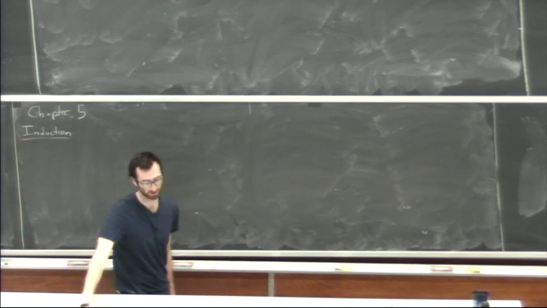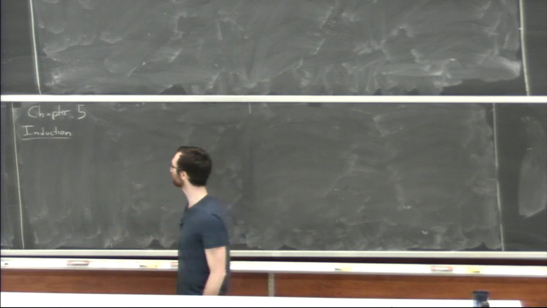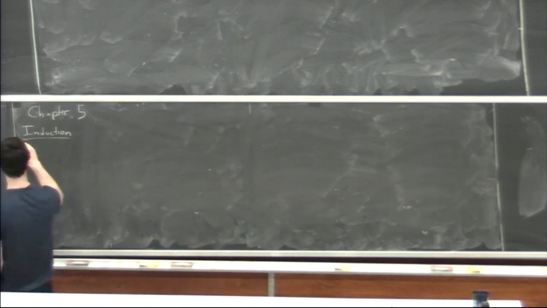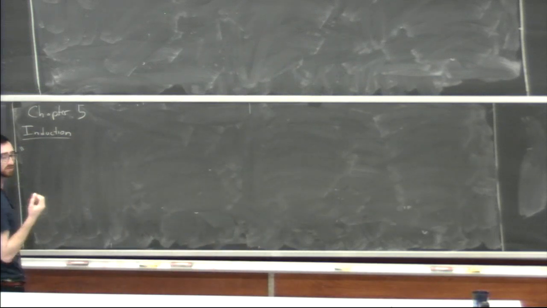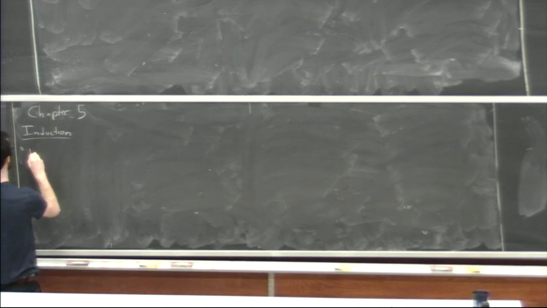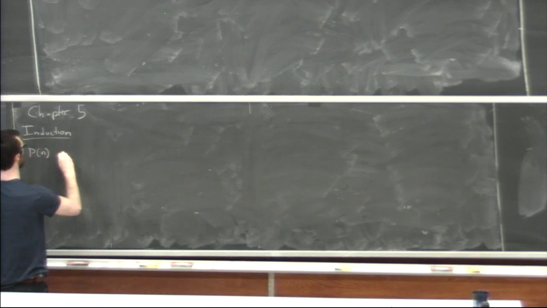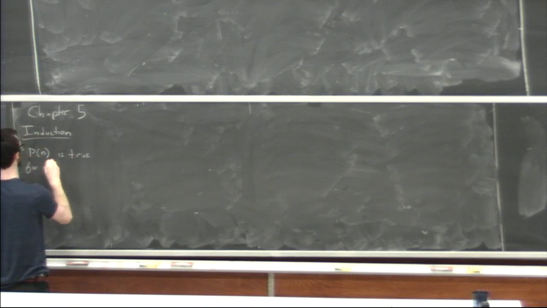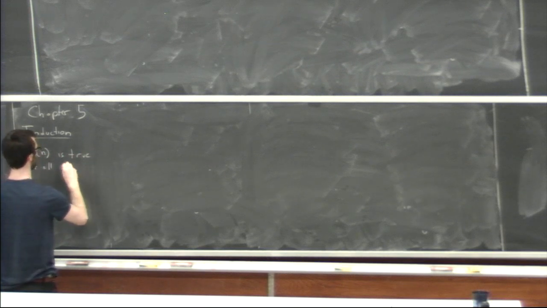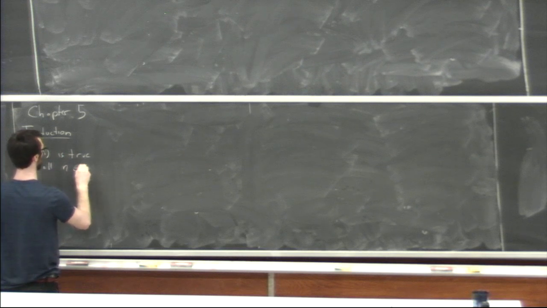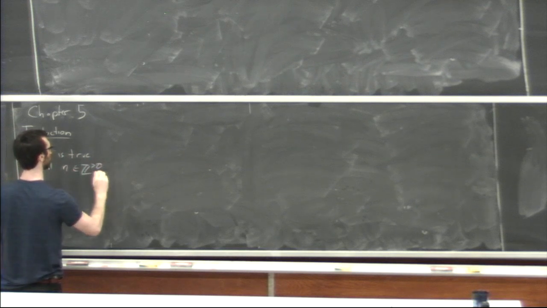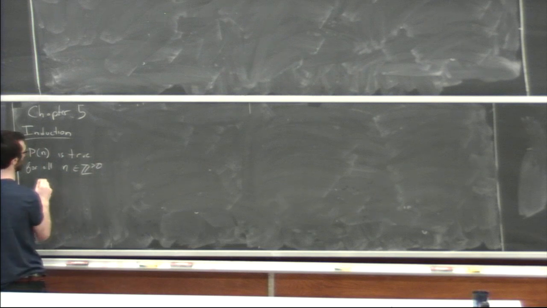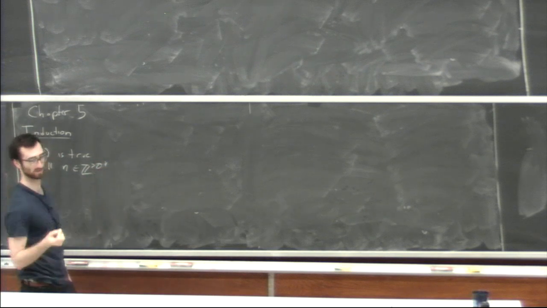And induction is used to prove statements that look like this. You want to use induction to prove statements that look like P(n) is true for all n in Z greater than 0, or, for instance, maybe for all n greater than 5 or something like that.